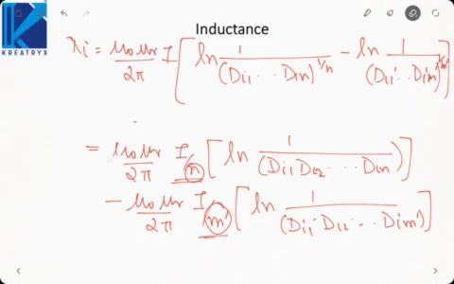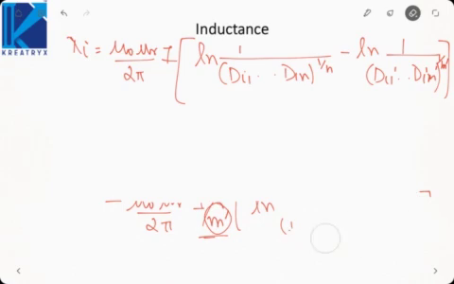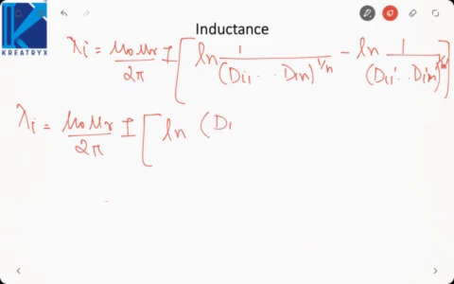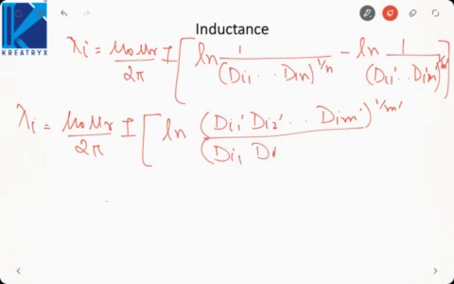Now if we combine these two logs, what will I get? Mu naught mu r by 2 pi I ln d I1 dash I2 dash up to Im dash raised to the power 1 by m dash, over d I1 I2 up to In raised to the power 1 by n.